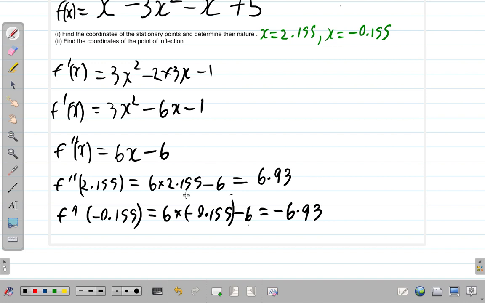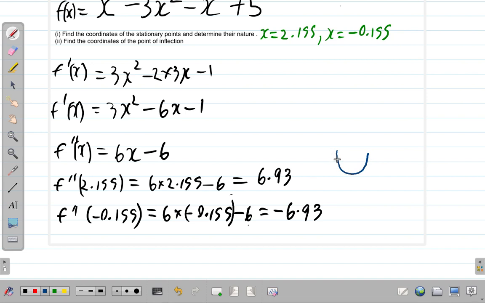Now, the fact is, at 2.155 we have a positive second derivative, which shows that we have a local minimum point at that point. Why?